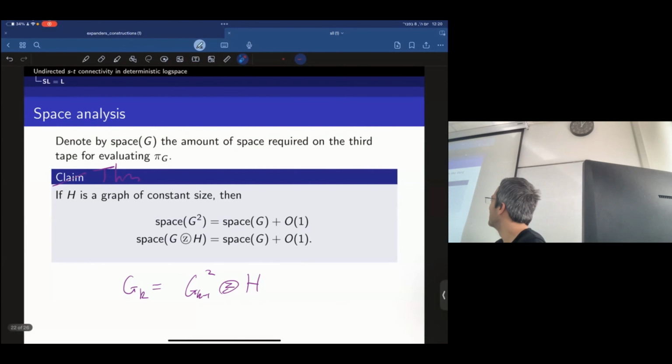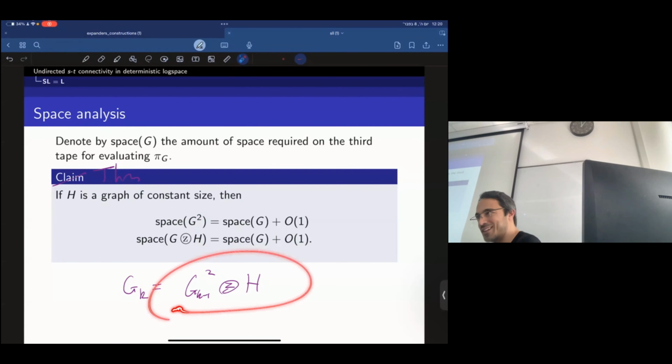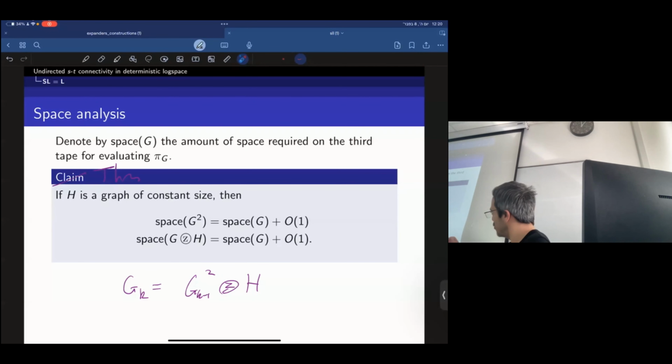Smaller than 1 is impossible. And the space for computing the other operation can also be done with additional constant overhead. Together they tell you that you can do that with constant overhead, because things should talk nicely to each other, but you should be careful.